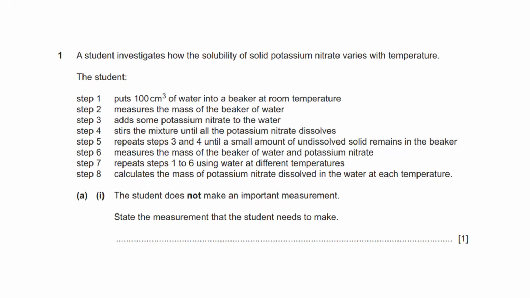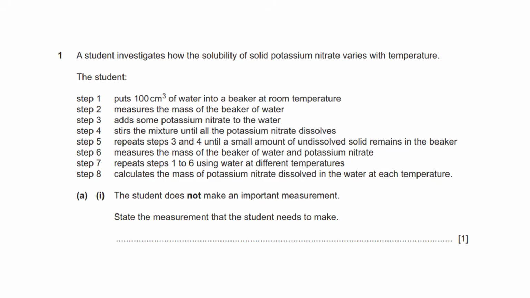The first step is, put 100 cm³ of water into a beaker at room temperature. Step 2, measures the mass of the beaker of water. Step 3, adds some potassium nitrate to the water. Step 4, stirs the mixture until potassium nitrate dissolves.